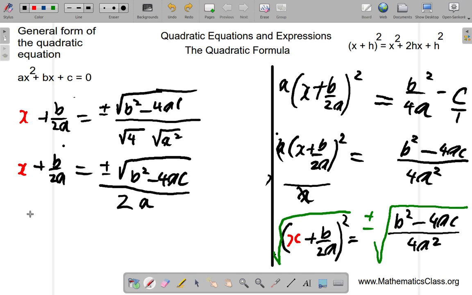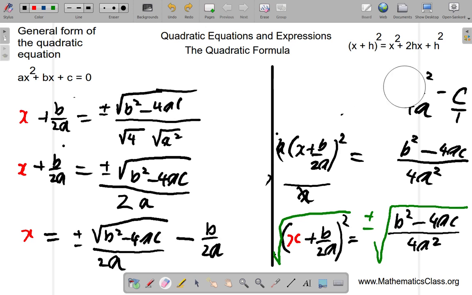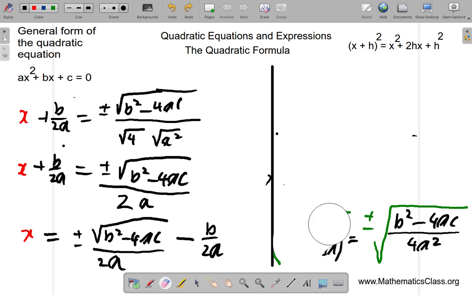Now, at this point, you could subtract b over 2a from both sides. x equals plus and minus the square root of b squared minus 4ac all over 2a minus b over 2a. You see that? Then let's go over here and continue. I have to erase some of these things over here.